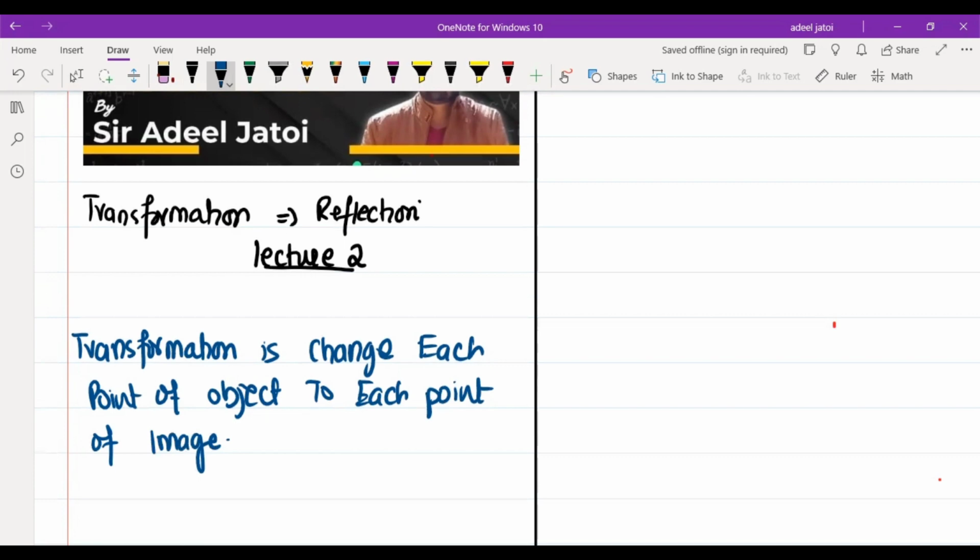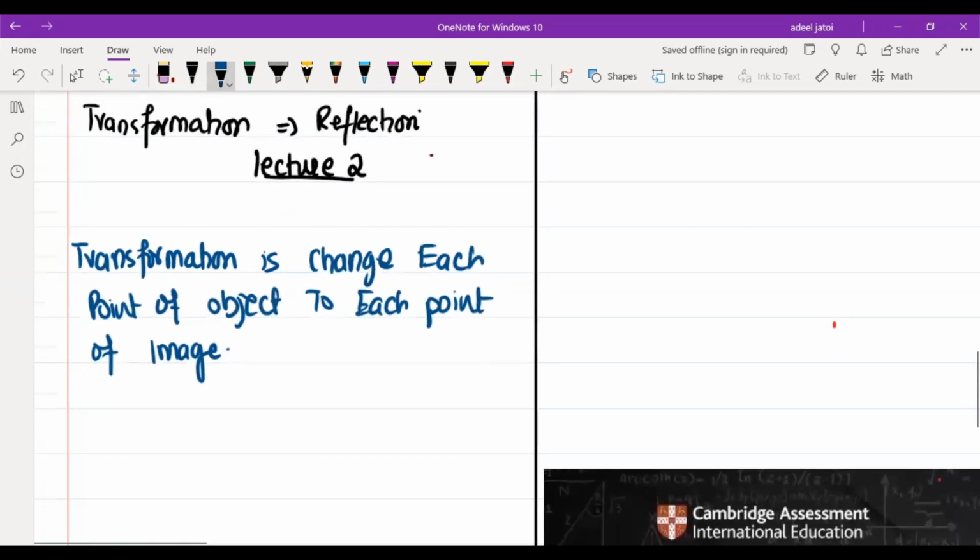For reflection, we'll be using the same strategy of transforming the object to the image.